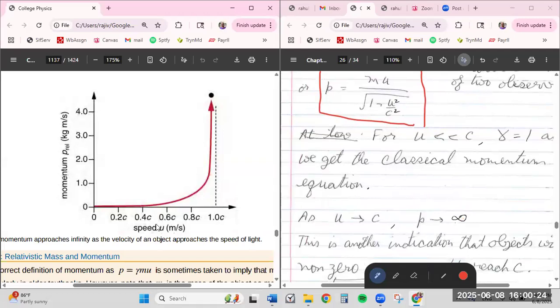So that's why the vertical asymptote is at this location, where the speed is equal to 1c, or the speed of light. And then as you increase the speed, it basically grows exponentially and then approaches 1c here.